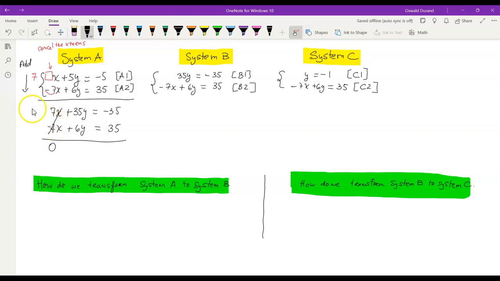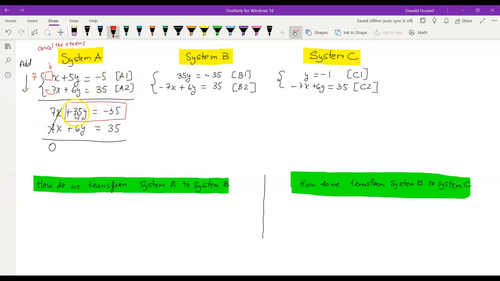Now, that's where we kind of deviate from the elimination method, because now we're transforming system A to system B. How did we do that? We did it by canceling out the first term, by adding vertically, but we're keeping whatever is remaining from the transformation, from multiplying the first equation by 7.